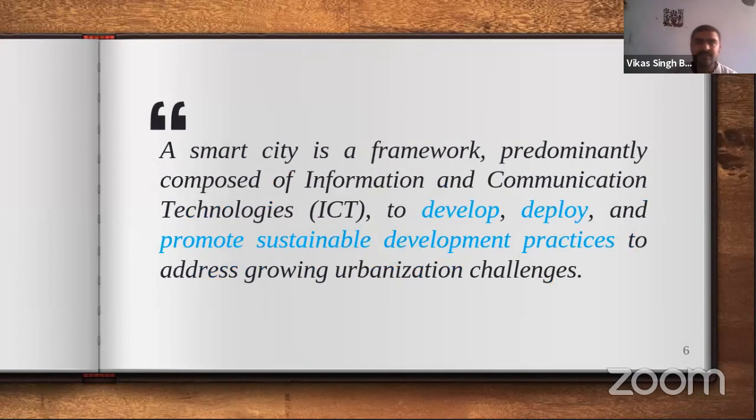Another definition is that a smart city is a framework.